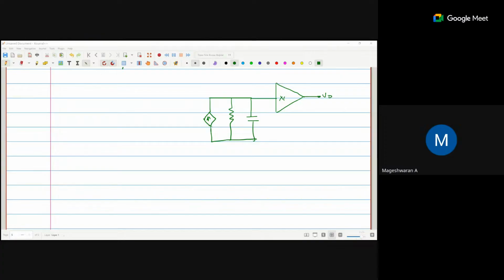Sir, two op amps are reduced using a passive RC filter to find Vx.